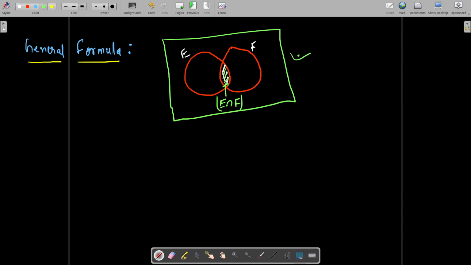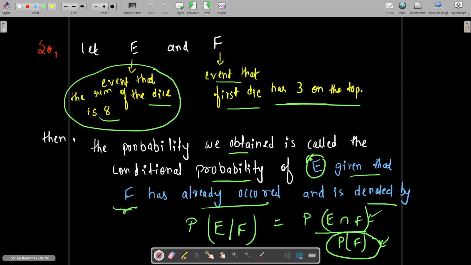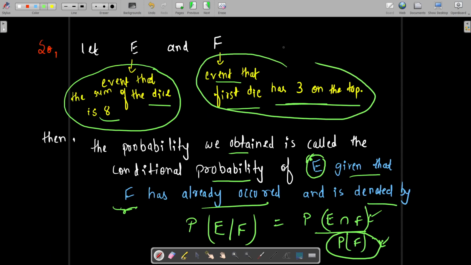That is, our event F, and what was F, you already know, the first die has 3 on the top.